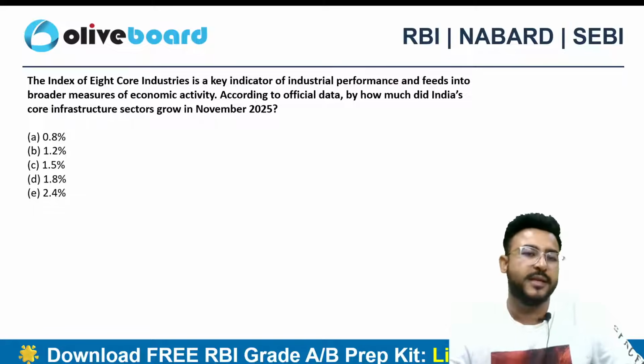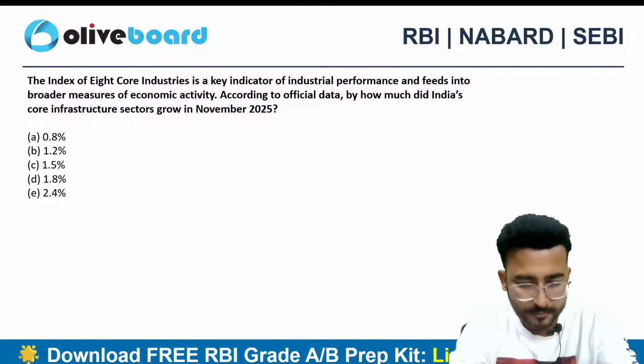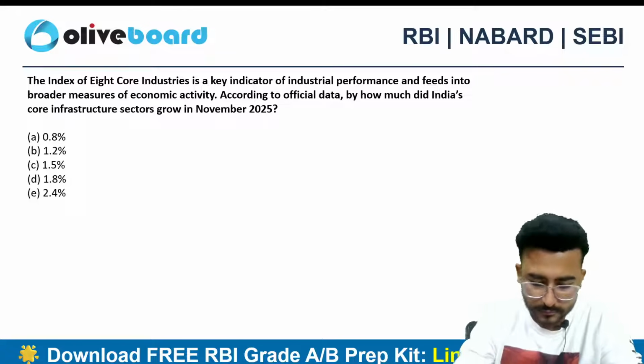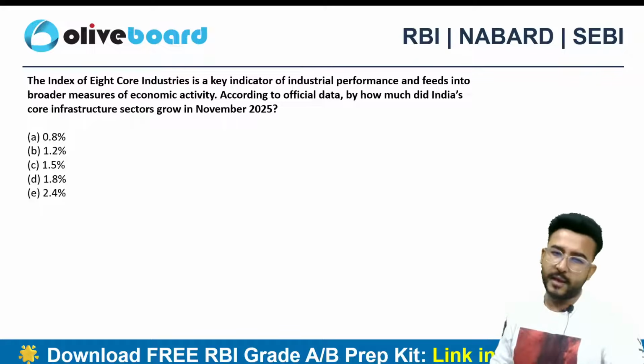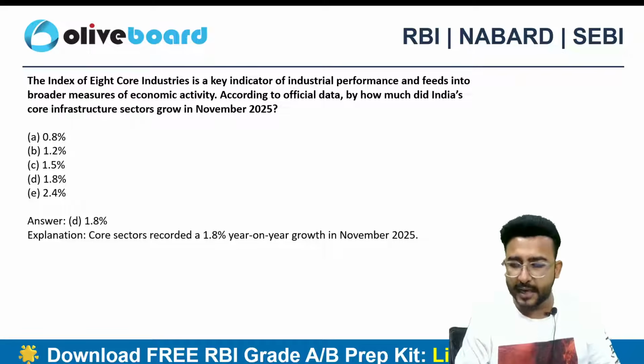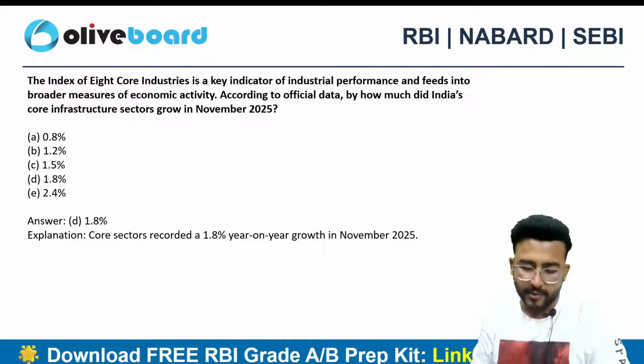This is regarding the index of the 8 core industries data. And the correct choice is 1.8%, right? We all know that 1.8% is the core sector data of November 2025.